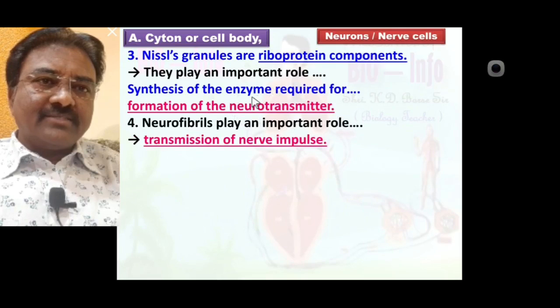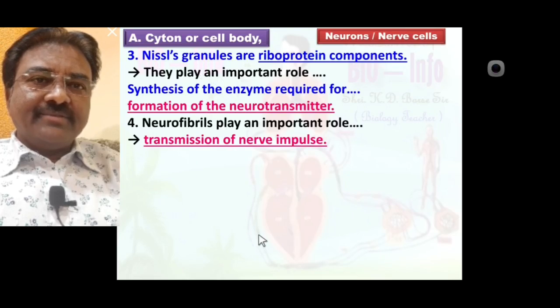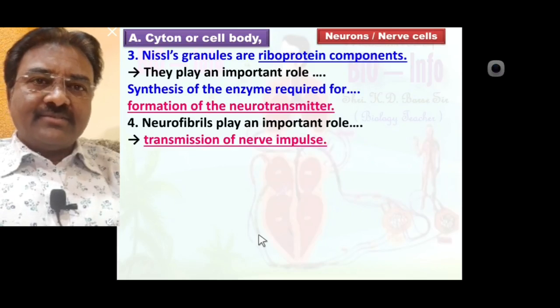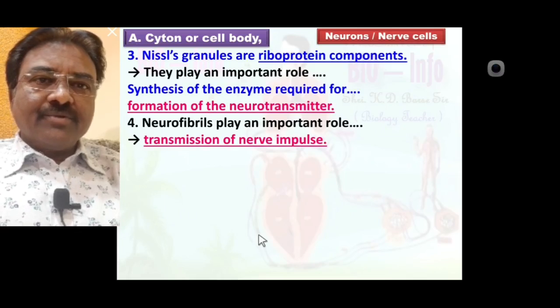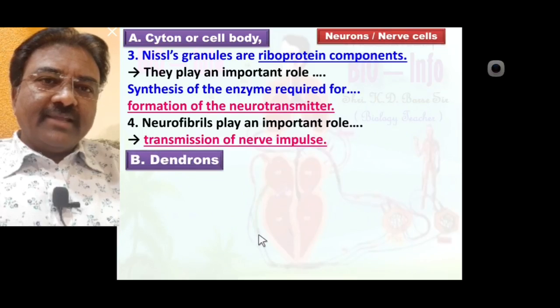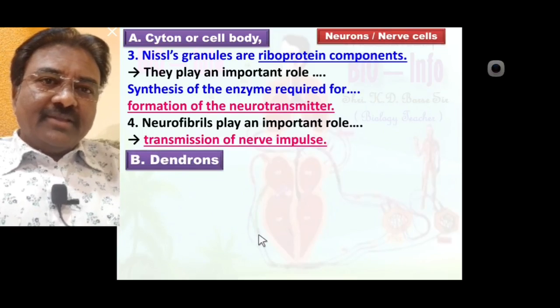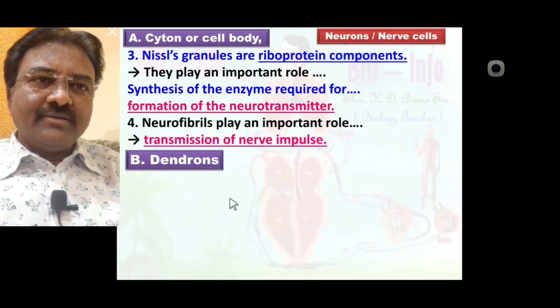Such neurotransmitter synthesis enzyme is also synthesized by Nissl's granules. So in the cytoplasm, Nissl's granules and neurofibrils are the most important material.